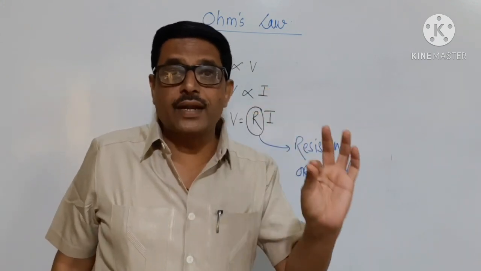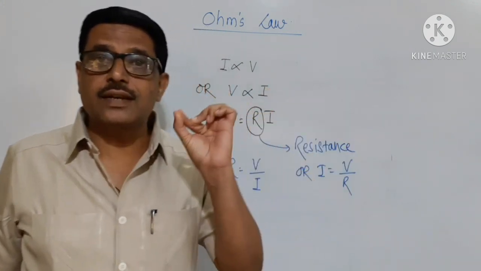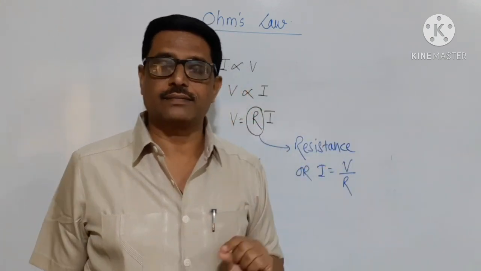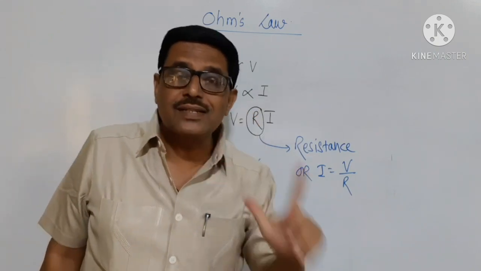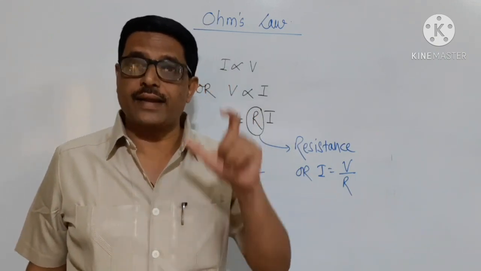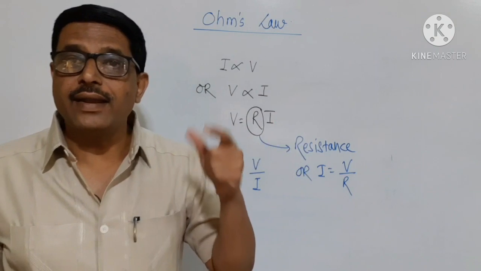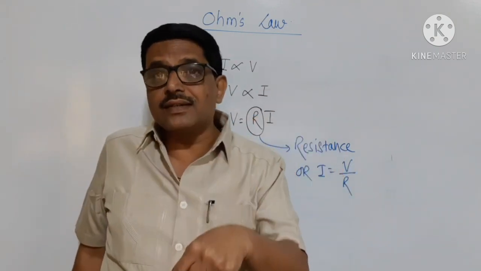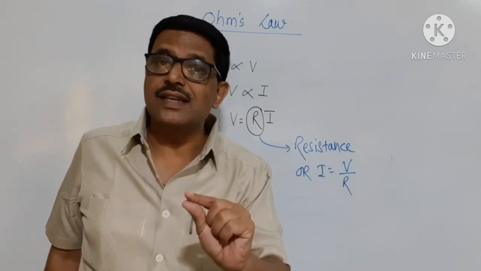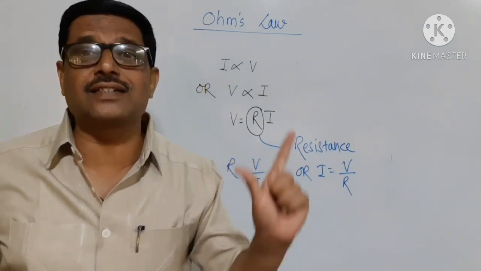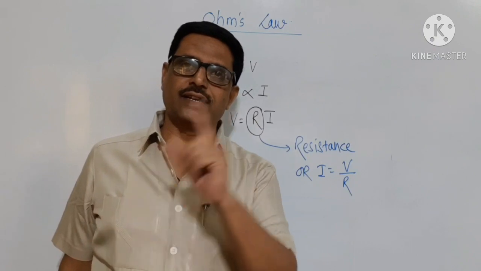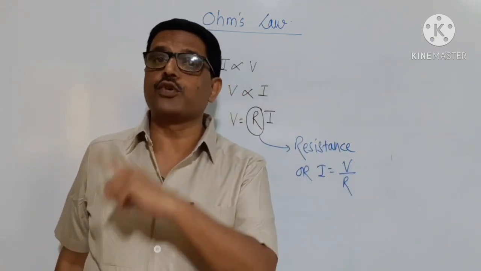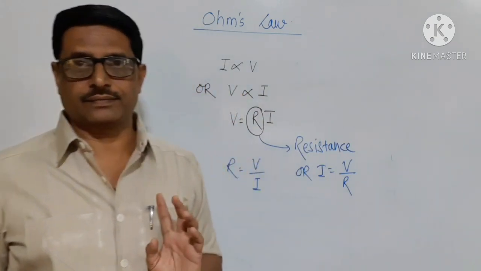Resistance is the property because of which the conductor is able to oppose the flow of current. The more the resistance of the conductor, the less the current. And the device which is used as a resistance is a resistor. A resistor is the device which has a resistance which opposes the flow of current.